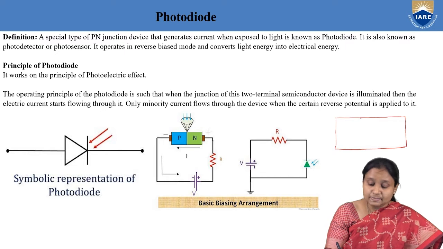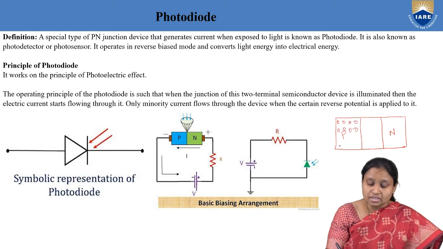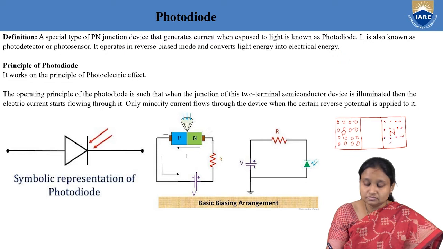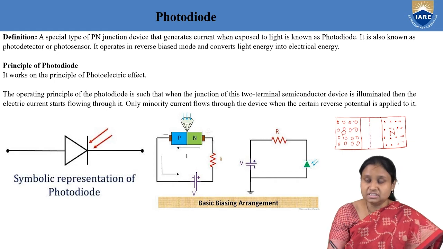Once the PN junction is formed, if this is the P side of the PN junction and this is the N side, here we have holes, and on the N side we have electrons. This is the region which separates the P-type and N-type materials.